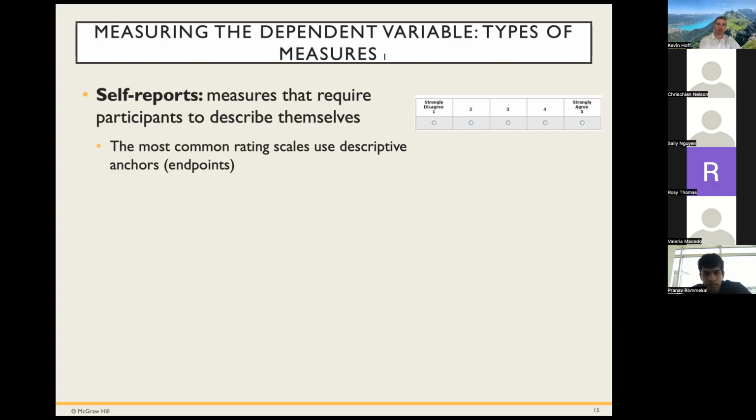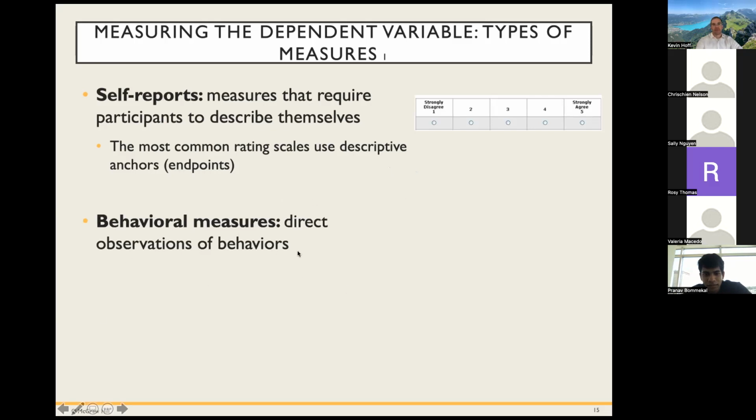A lot of things that we measure in psychology are not observable to outsiders, and so we have to rely on people to reliably self-report.